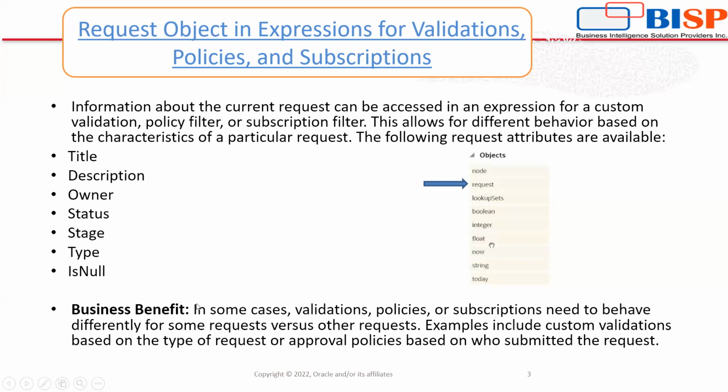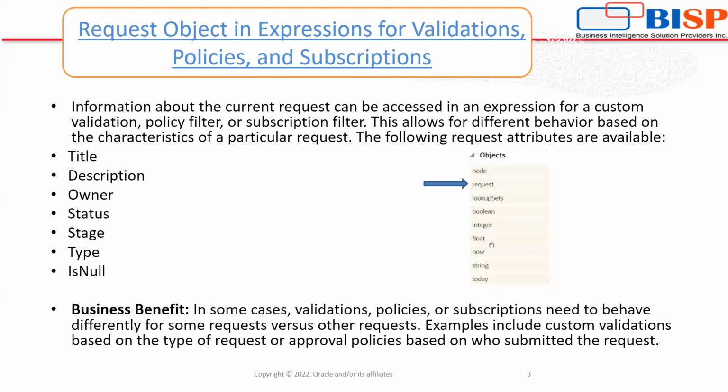Okay, and the business benefit is that in some cases validation policies or subscriptions need to behave differently for some requests versus other requests. Examples include custom validation based on the type of request or approval policies based on who submitted a request. So basically, suppose I made a request, and except for this person, I want everyone else sending a request to get approval before submitting, before the particular adding.